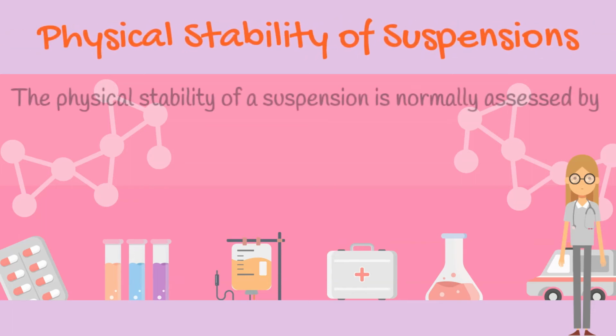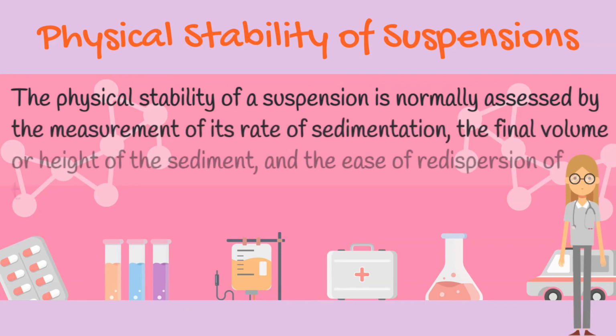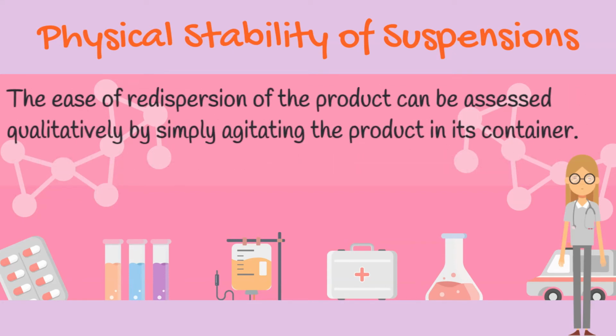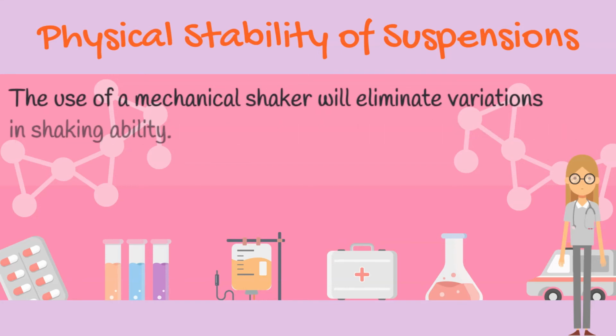The physical stability of a suspension is normally assessed by the measurement of its rate of sedimentation, the final volume or height of the sediment, and the ease of redispersion of the product. The ease of redispersion of the product can be assessed qualitatively by simply agitating the product in its container. The use of a mechanical shaker will eliminate variations in shaking ability.